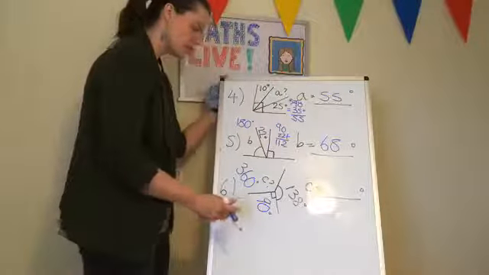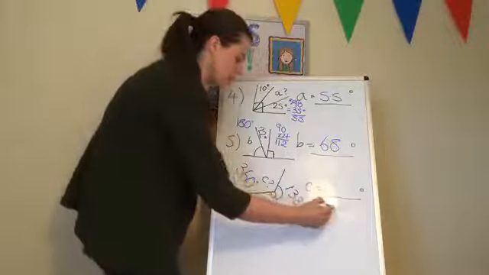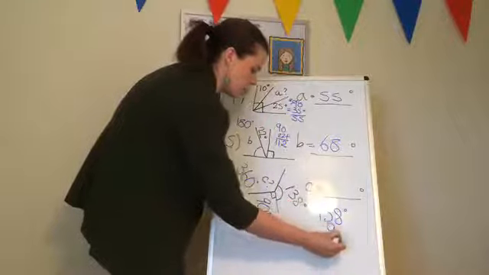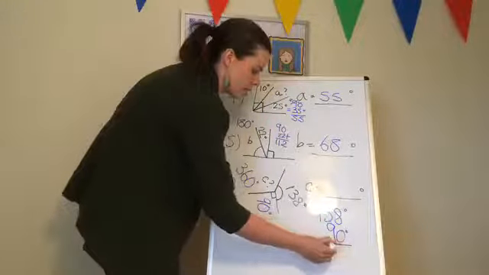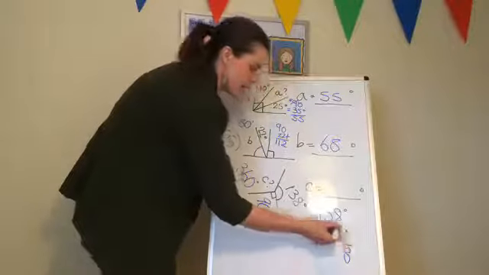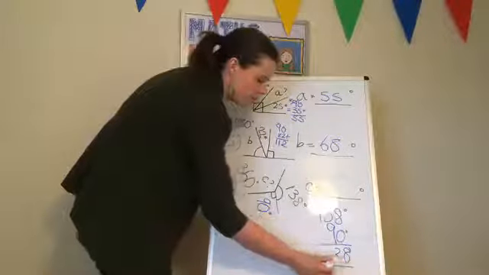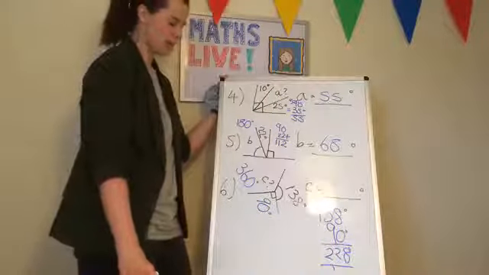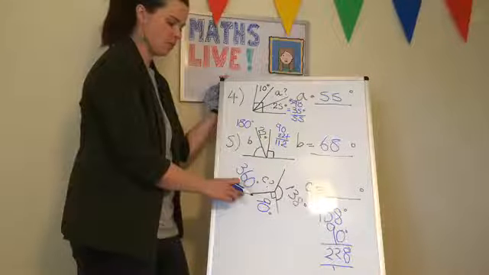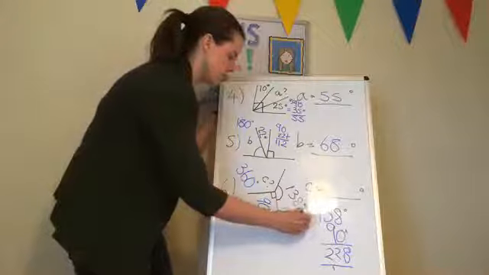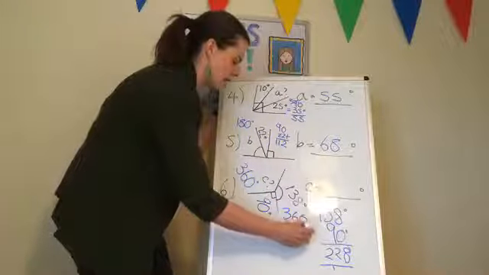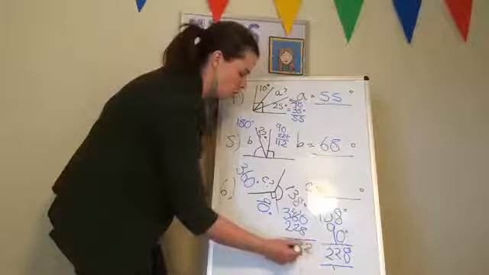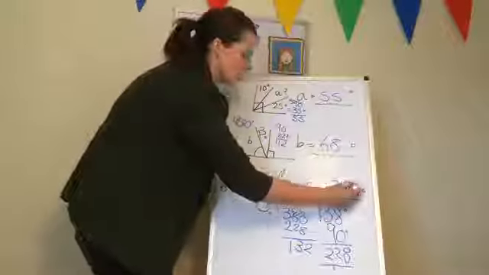First I'm going to add my 90 and 138, so 138 plus 90 is 228. And then we need to take it away from 360. So 360 take away 228 is 132. Let's have a look.